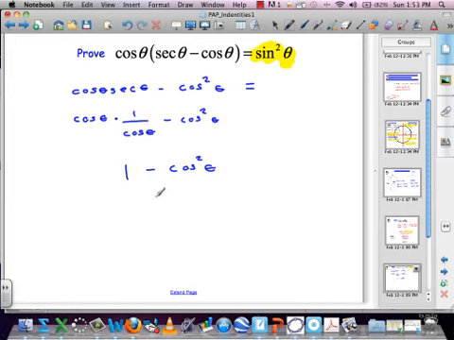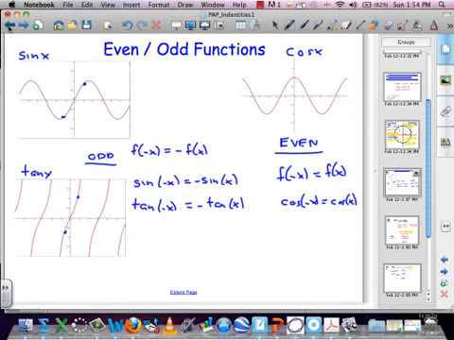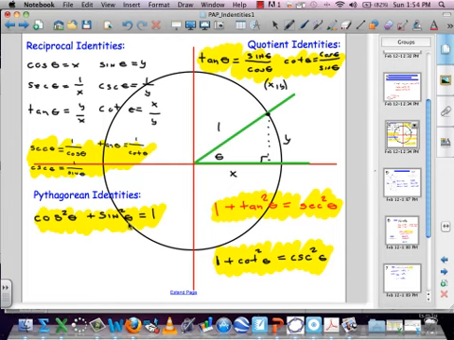Now what? Let's go back. I have a cosine squared theta, so let's go back here and take a look. What is cosine squared theta? I have this identity here. So cosine squared theta would be equal to what? 1 minus sine squared theta. I just rearranged the Pythagorean identity that I already knew.